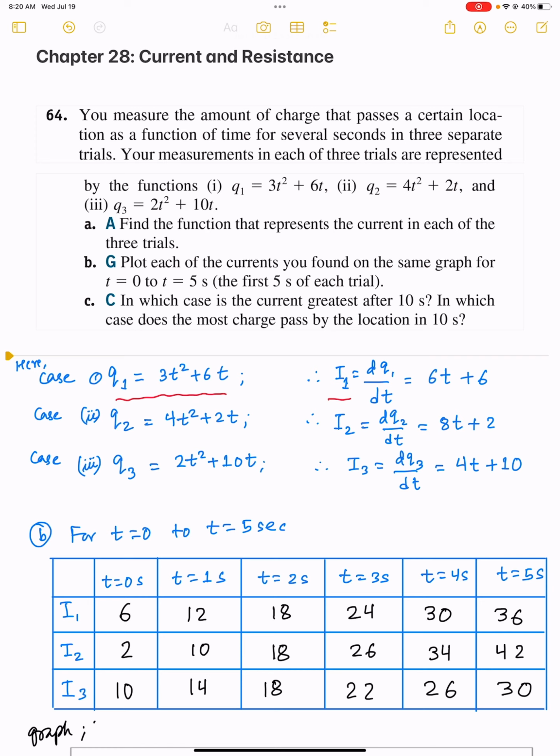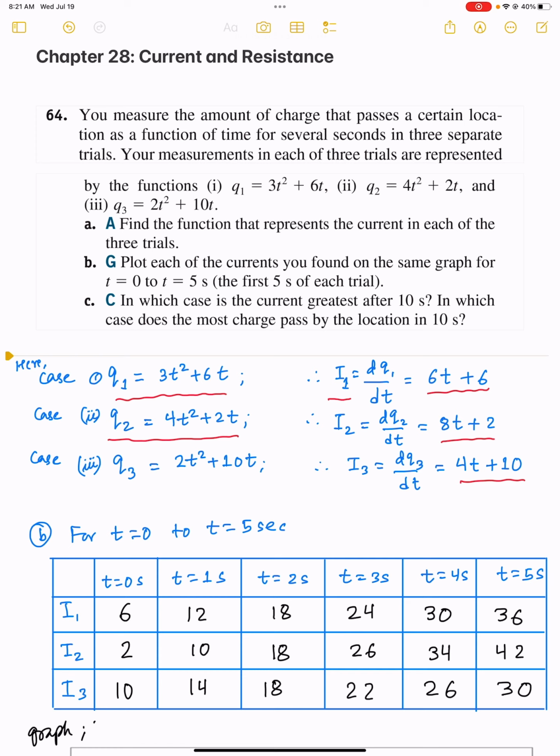It will be 6t plus 6. Similarly for q2, 4t squared plus 2t, its corresponding current will be I2 equals 8t plus 2. And similarly for q3, the current I3 will be 4t plus 10. These are the corresponding currents in each of the three trials.